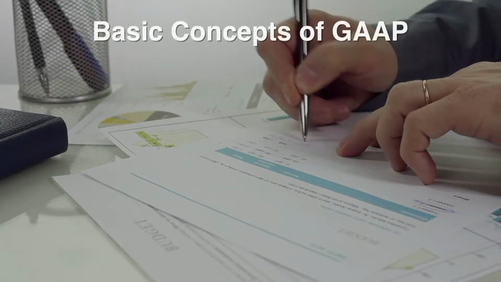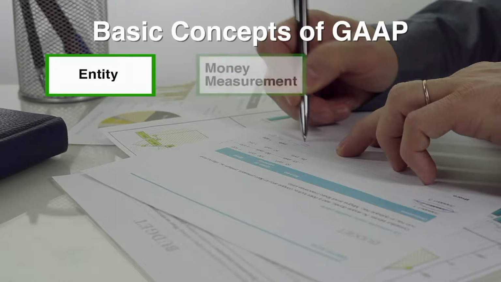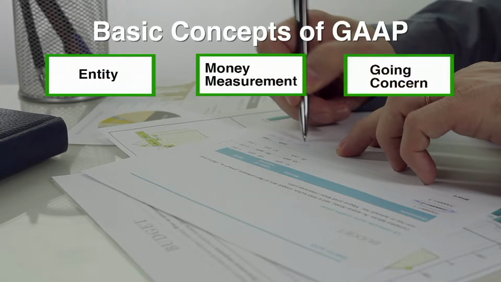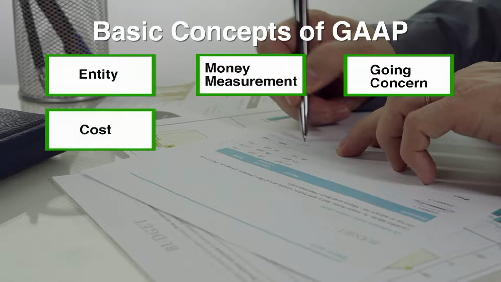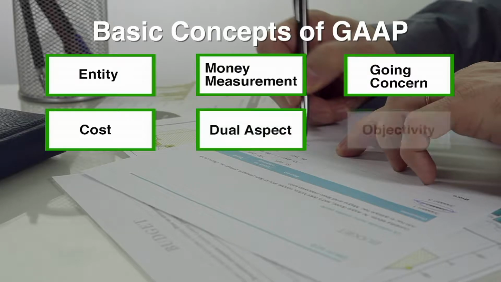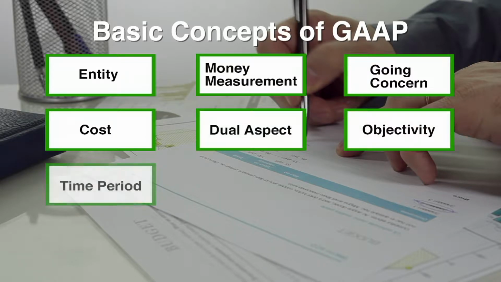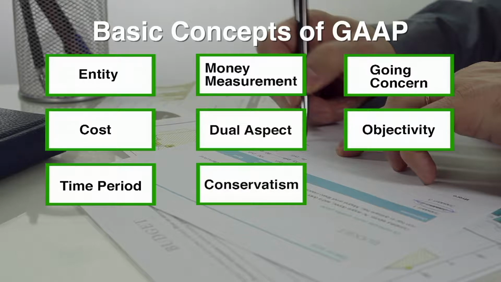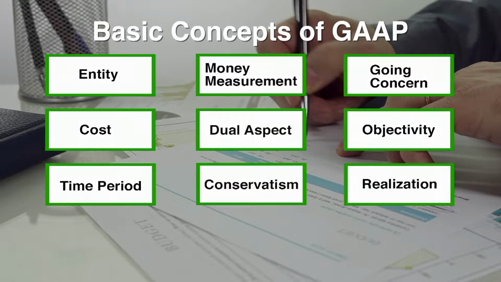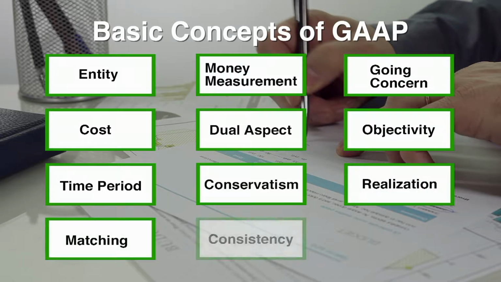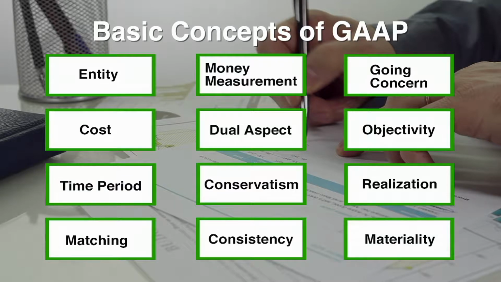The basic concepts include entity, money measurement, going concern, cost, dual aspect, objectivity, time period, conservatism, realization, matching, consistency, materiality. These words might seem a bit abstract, but each concept on its own is quite simple. Let's find out more about each of the concepts.